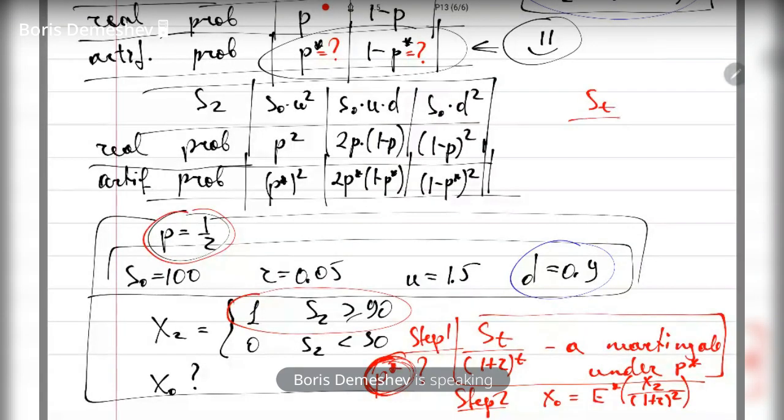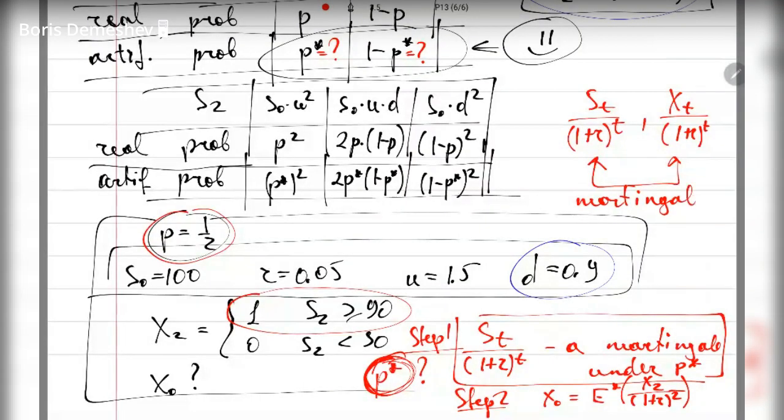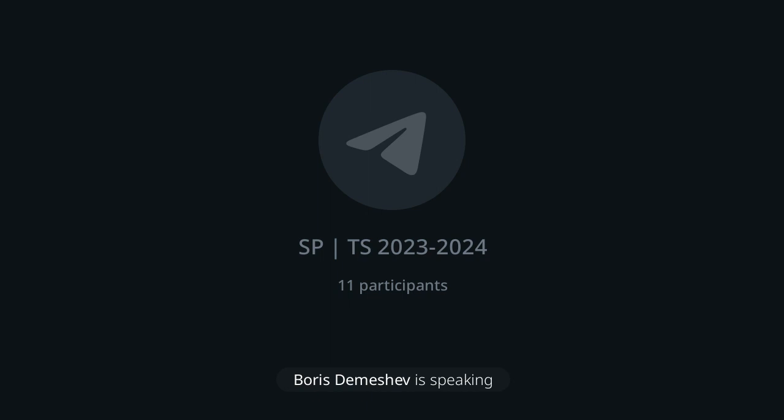So S_t divided by (1 plus r) to the power t and X_t divided by (1 plus r) to the power t are martingales under P star.